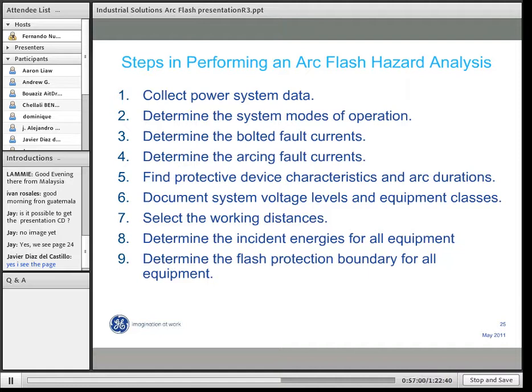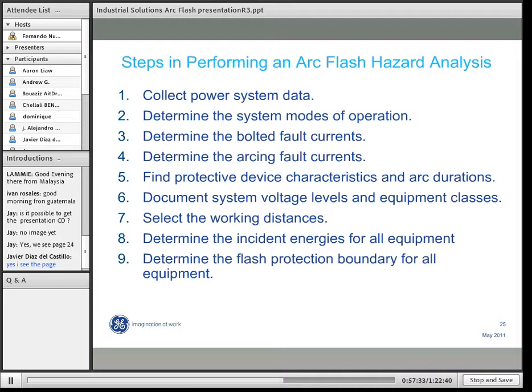Then, looking at the system voltage levels and the types of equipment you have, you select the working distances. Then, using the arcing fault currents and arc durations, and the working distances, you can calculate the incident energies and the arc flash protection boundaries.